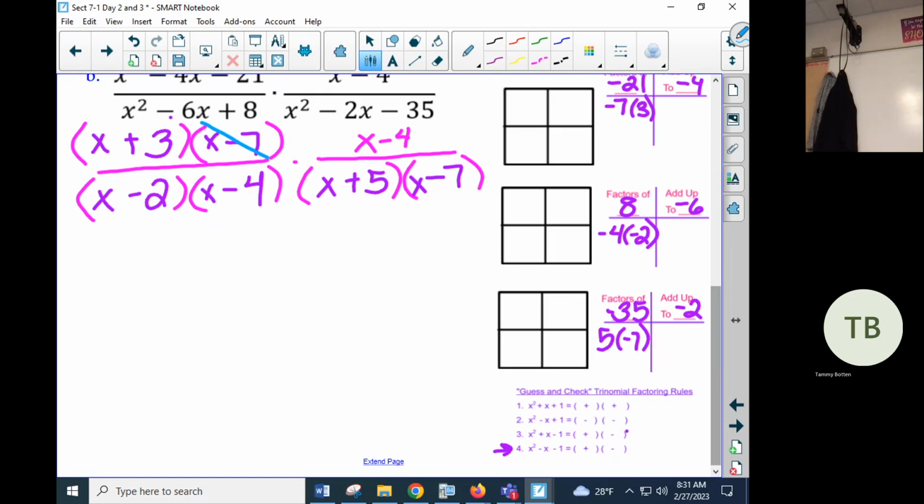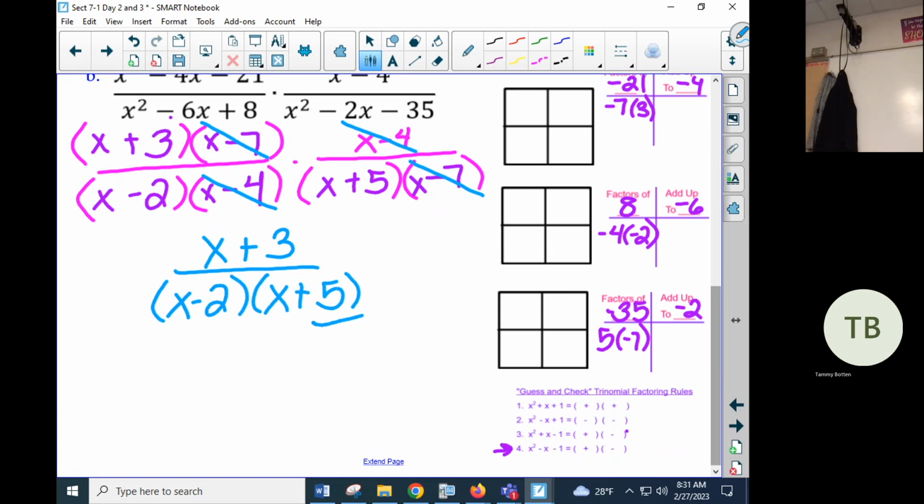We do have an x minus 7 on top and an x minus 7 on the bottom. We have an x minus 4 and an x minus 4. And that's it. So what we write at the end, we have x plus 3 on top. And then you're going to keep these bottom 2 in parentheses and don't multiply them out. And that's your answer.